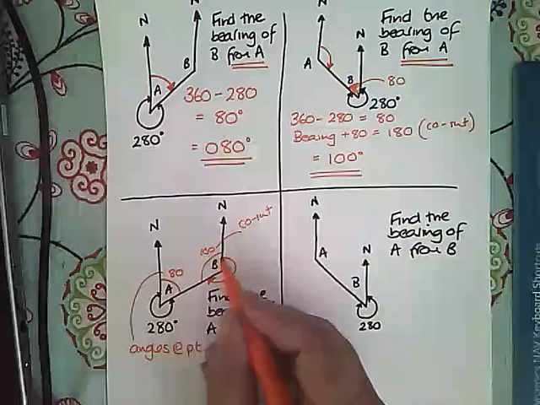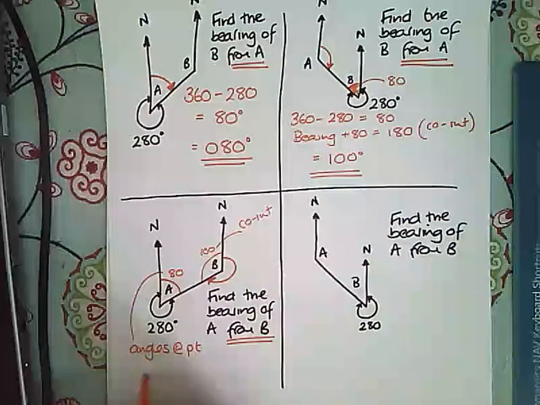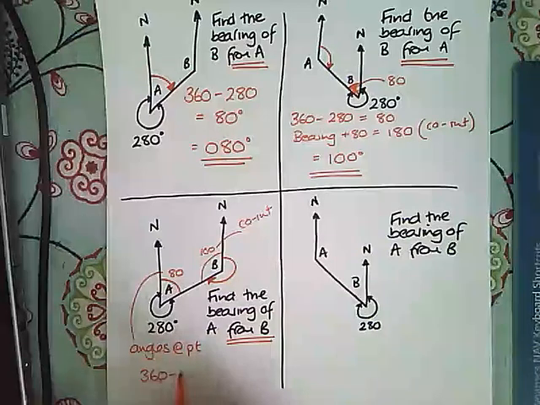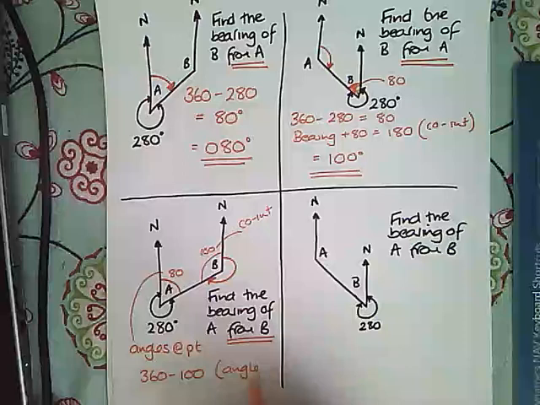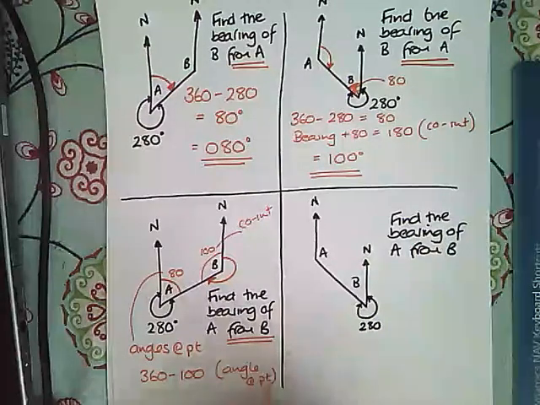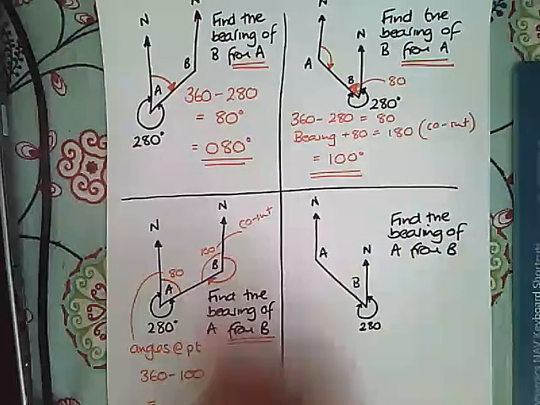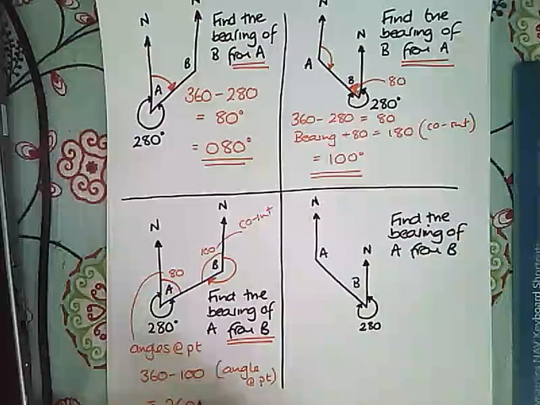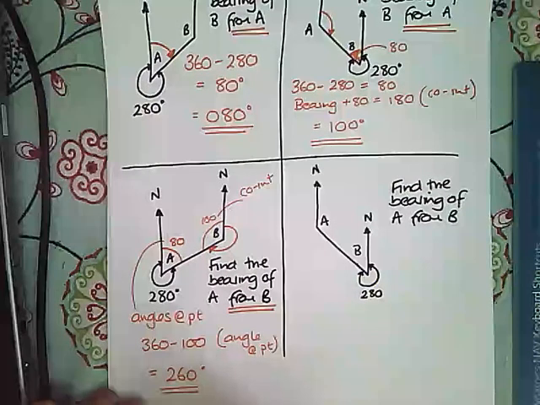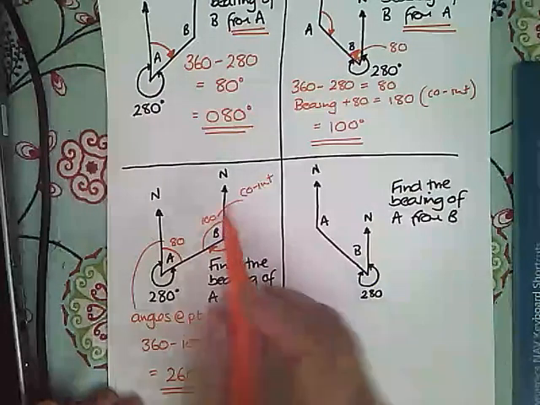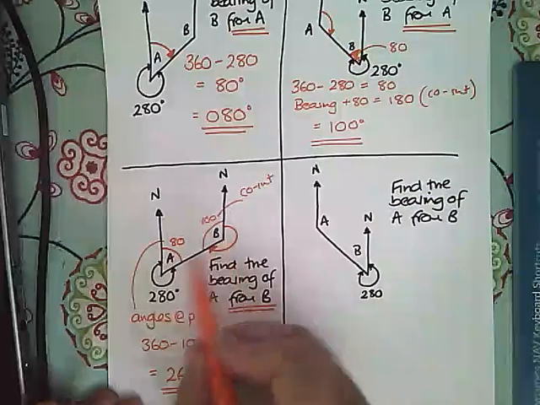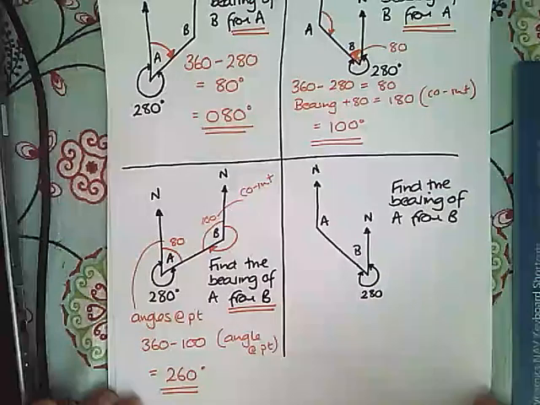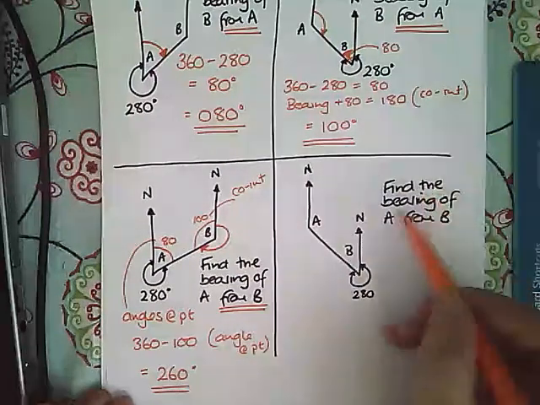And then my bearing, which is all the way around here, is 360 minus 100, and that's angles at a point. So my bearing would be 260 degrees, and again that is three figures, so I can leave it like that. So if I was standing at B facing north, I would have to turn through 260 degrees in order to be facing towards A.